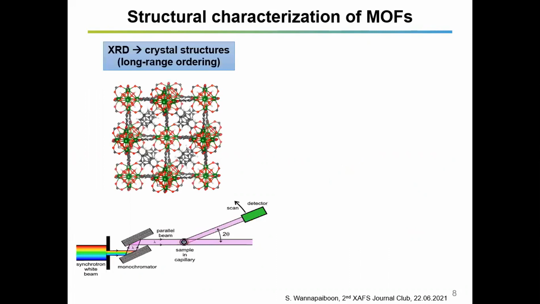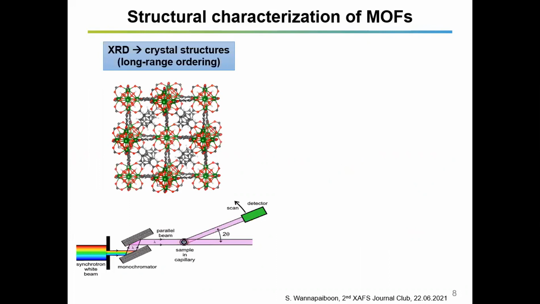So, thinking about the techniques that we use to study the structural information of MOF. Since MOF is crystalline, the ideal method that you normally use to characterize MOF is the X-ray diffraction technique.